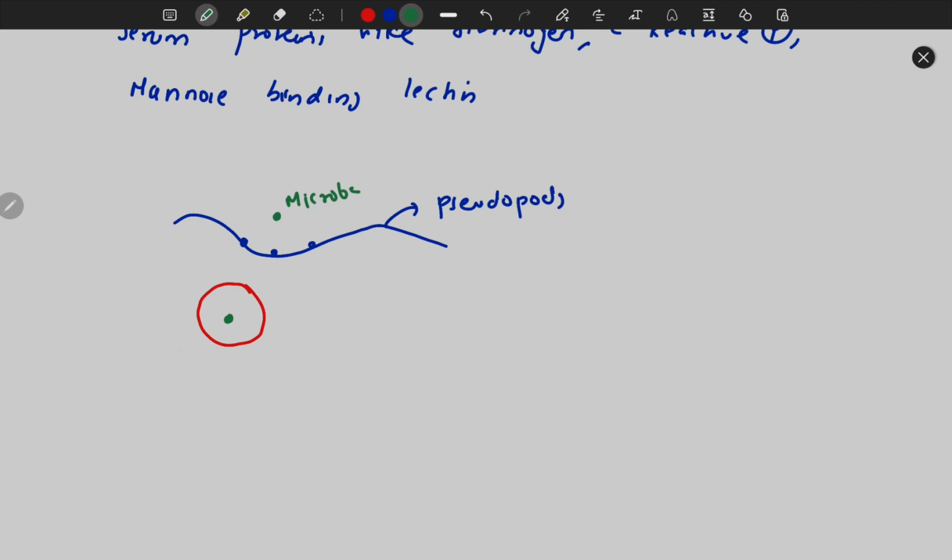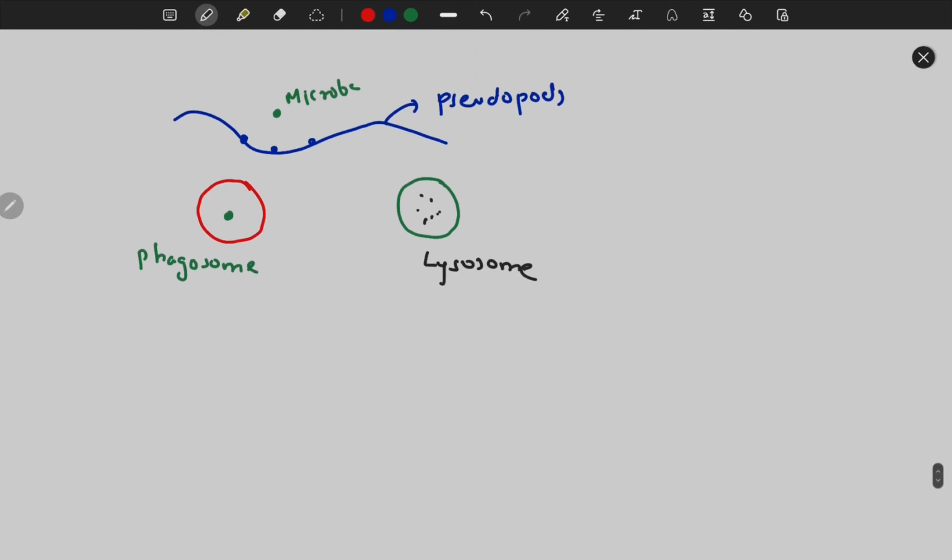This is called the phagosome, and this cell contains a lysosome that has granules with many enzymes.